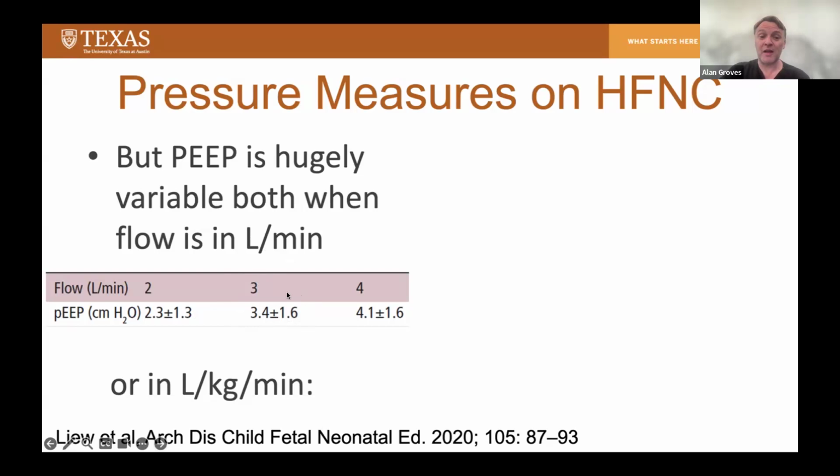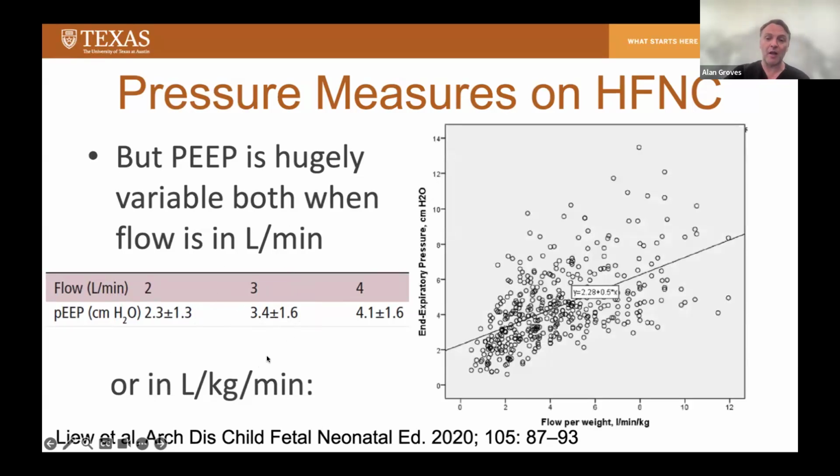And 5% of babies will have 2 standard deviations above this, a PEEP of 6, on a rate of 3 liters per minute. And again, same spread across all these numbers. And while you might hope that by showing those numbers in liters per kilo per minute, we would get less variability, actually, that's not what we see.